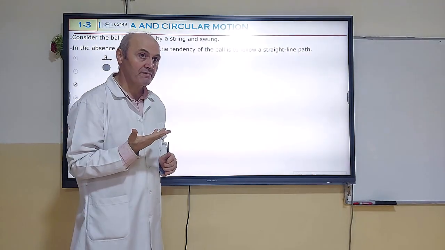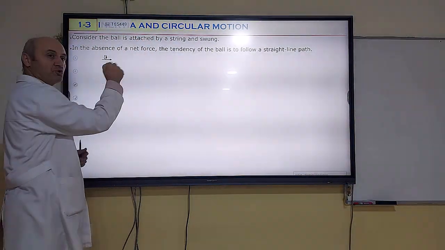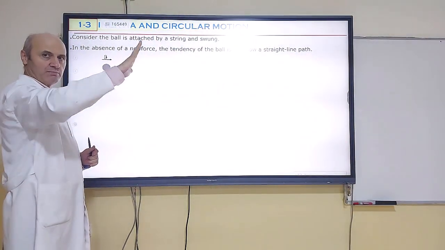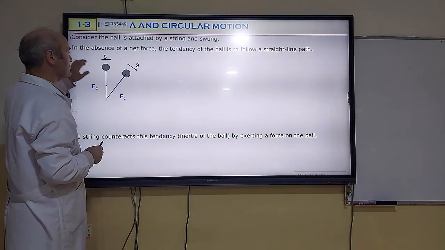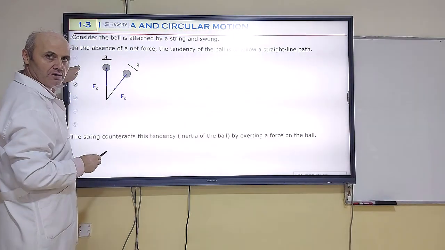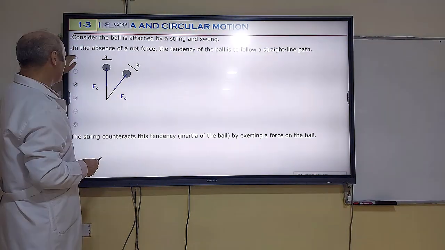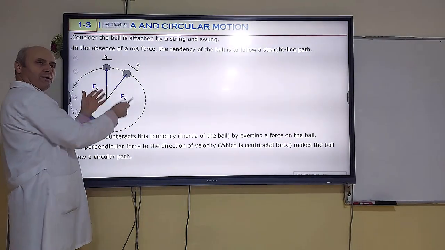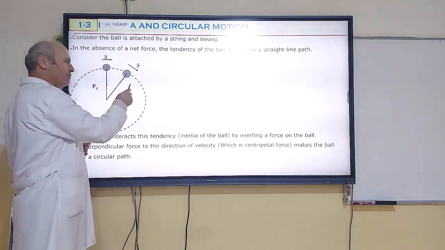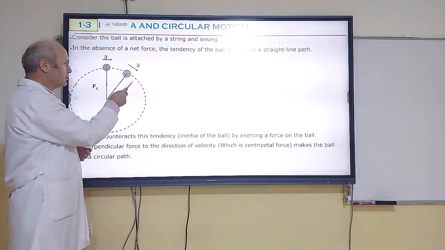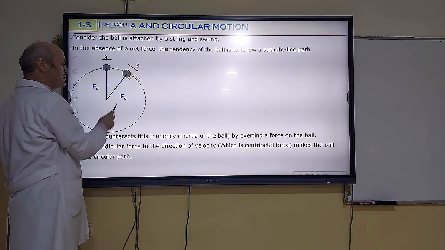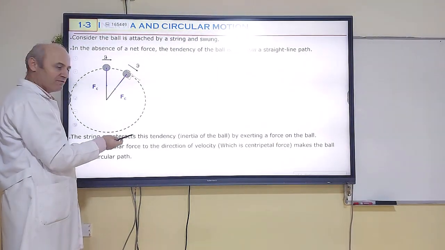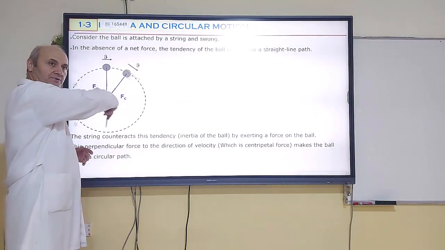But if you attach this object to a rope and make it move, the rope will counteract this tendency and cause it to follow a circular path. So the perpendicular force acting on this object, perpendicular to the direction of motion, the direction of velocity, is known as the centripetal force, and it provides the circular motion.